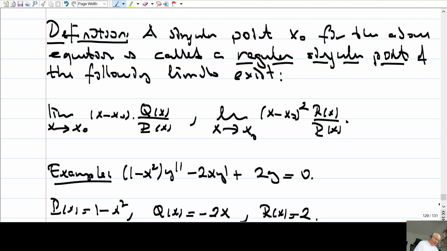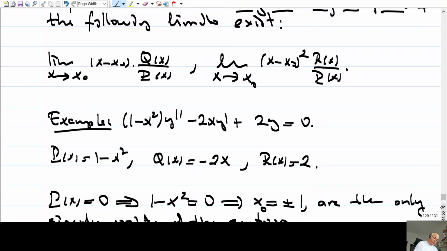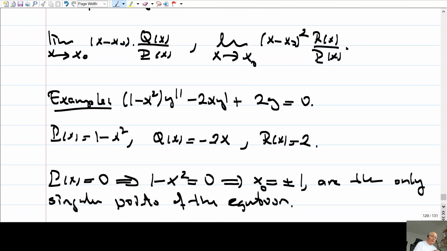If they both exist, then we call that point a regular singular point. And we will see that solutions can be obtained around regular singular points, and we understand more or less what's going on, although not completely.